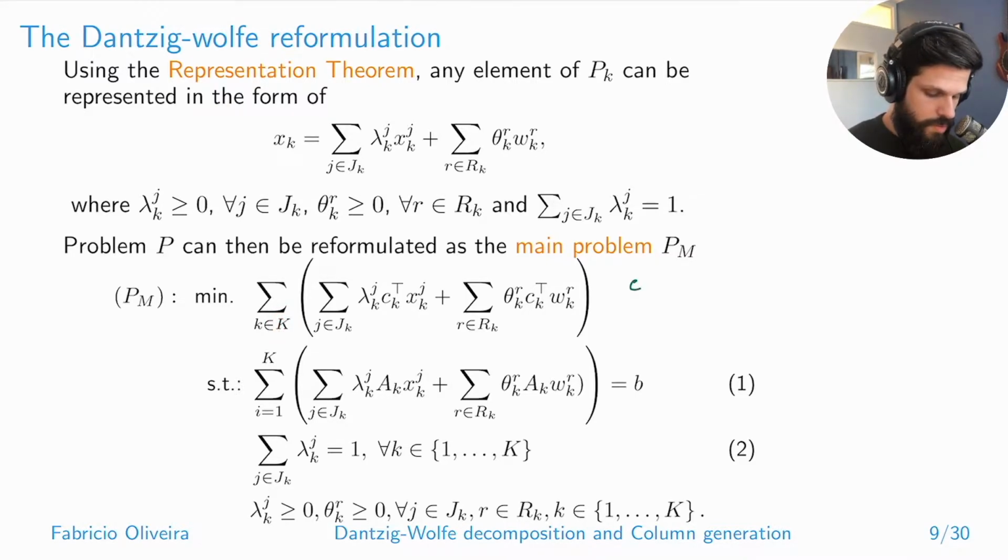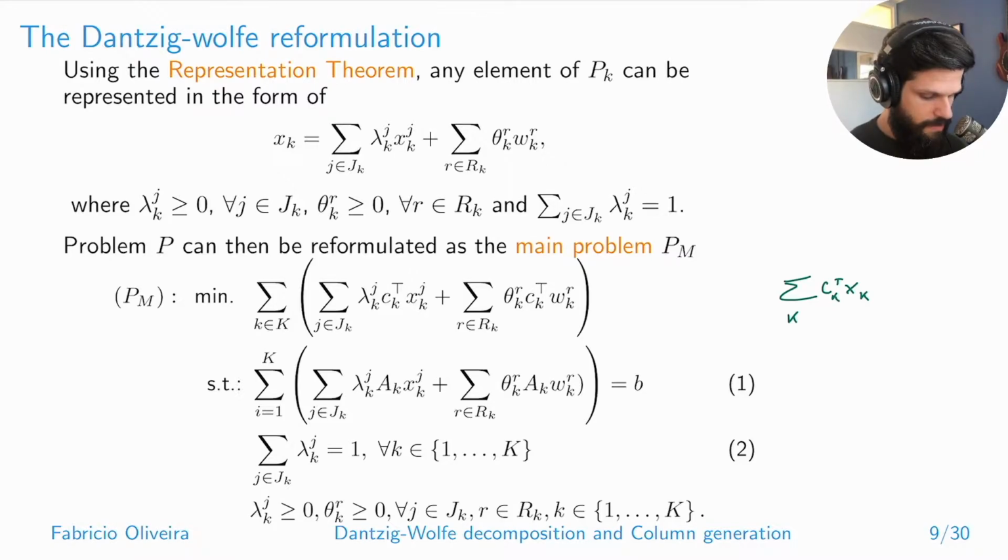So this used to be the summation in K of ck transpose xk. So that's what it became. What I basically did was to replace xk with this. And you can see here that I'm considering the extreme points and the extreme rays.